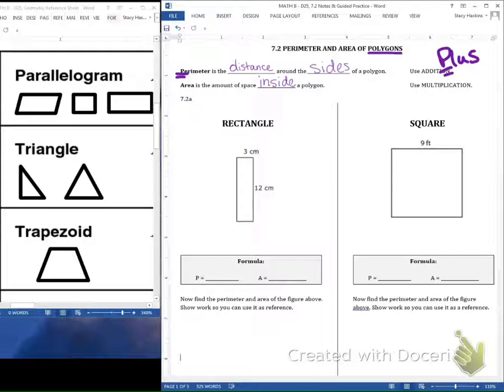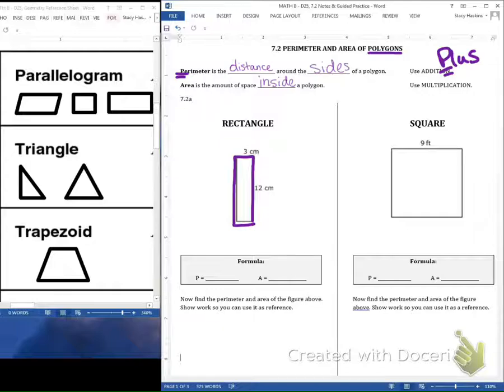So let's look at the first polygon, a rectangle, which is one of the parallelograms, and let's calculate its perimeter. The perimeter is just the distance all the way around the polygon. So we need to know this side plus this side plus this side plus this side.